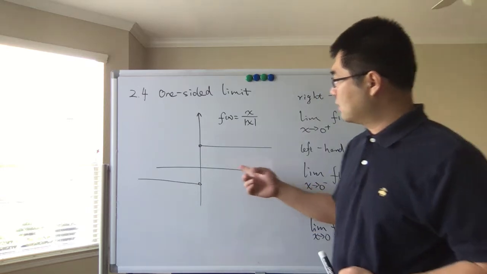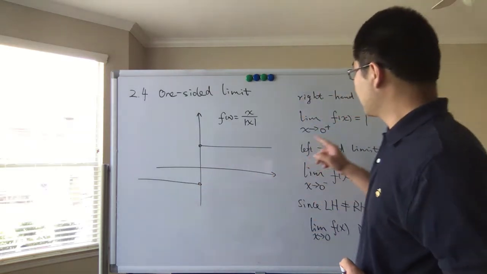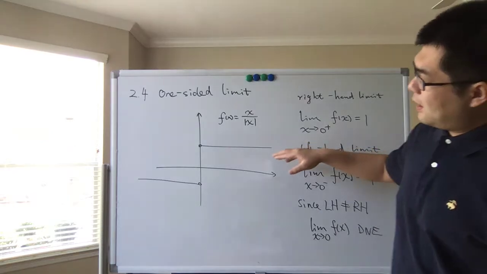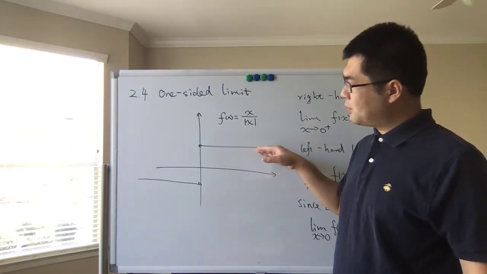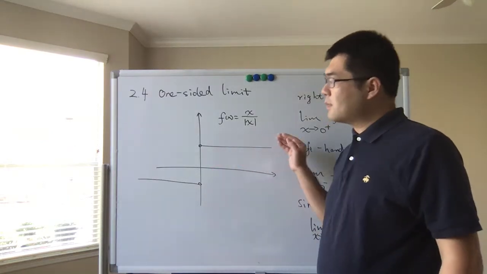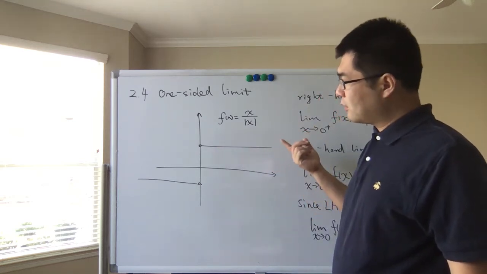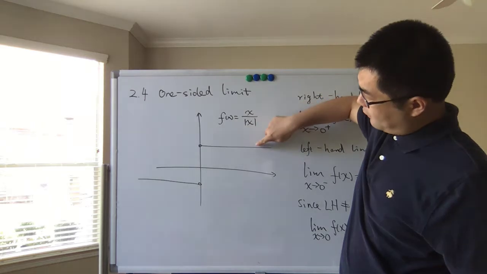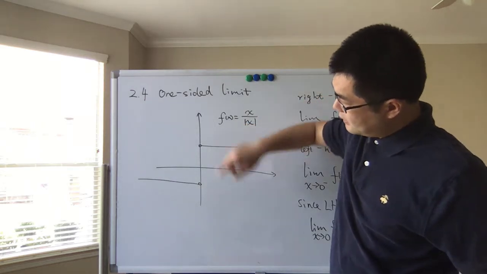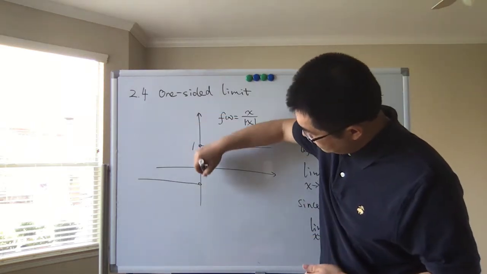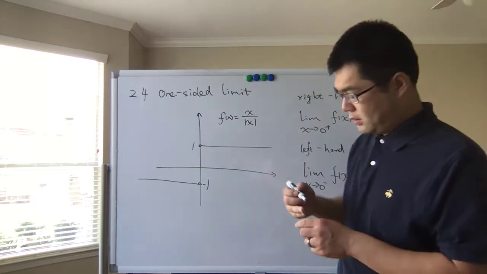And as you can tell, guys, if we let x approach 0 from the right hand side, I'm going to trace the curve of this function from the right hand side. As you can see, let me label this. This is 1, this is negative 1 here, okay?